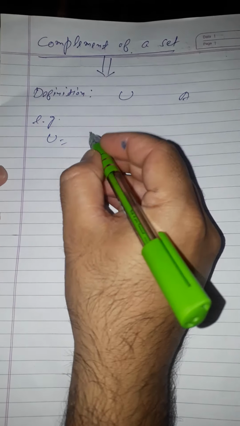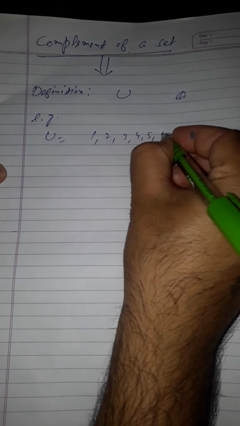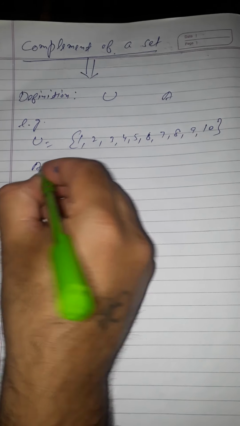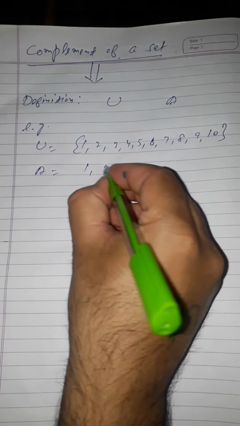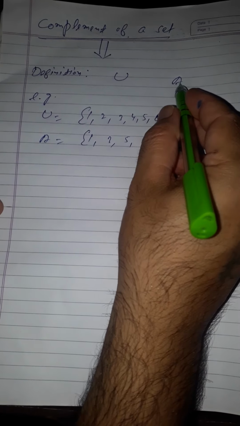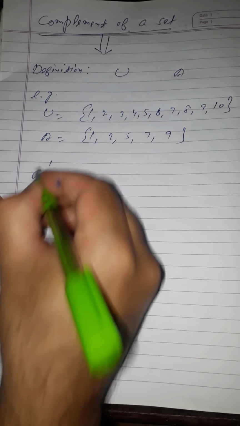So here, students, I want to tell you with the help of an example. If the universal set U I am taking here is 1 2 3 4 5 6 7 8 9 10, and the set A that I have taken is 1 3 5 7 9, then to find the complement of A, we write it like this, A dash.